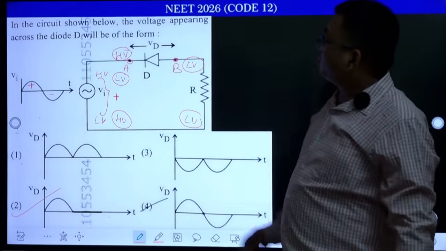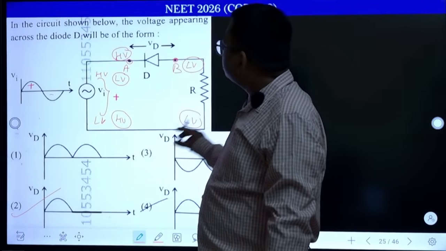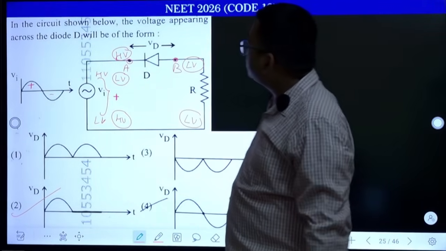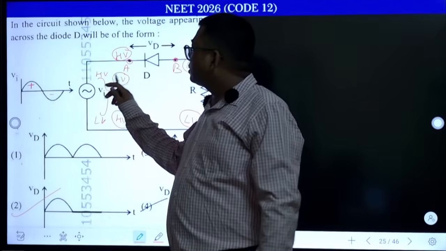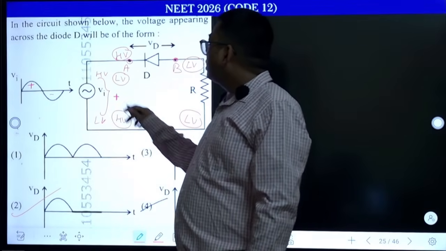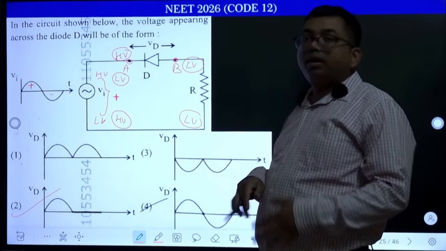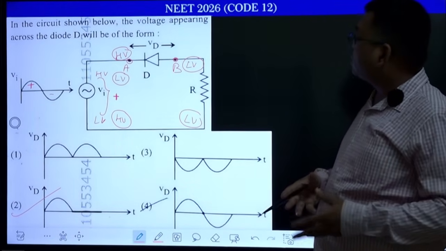But when it is high voltage, it is low voltage, remember, no current, so all these are the same potential, low voltage. So the same high low potential difference will be there. And when you consider this low and this high, then current will be going like this, and there will be a short circuit.